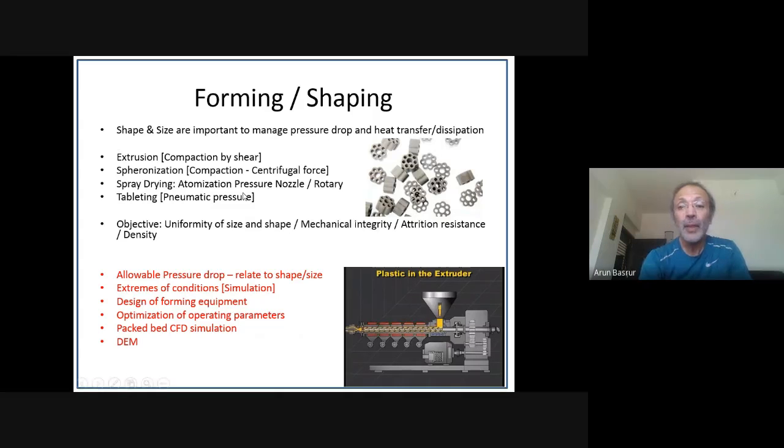Mechanical integrity and attrition resistance are also important for this. So no sharp edges, smooth surfaces are important to prevent attrition or to provide good attrition resistance. So where does chemical engineering come into this?